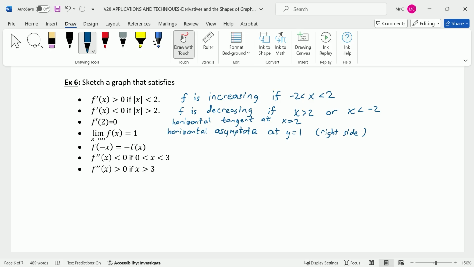F of negative x equals negative f of x is symmetry about the origin. And you may recall that that means a reflection over, or around, I should say, the origin.